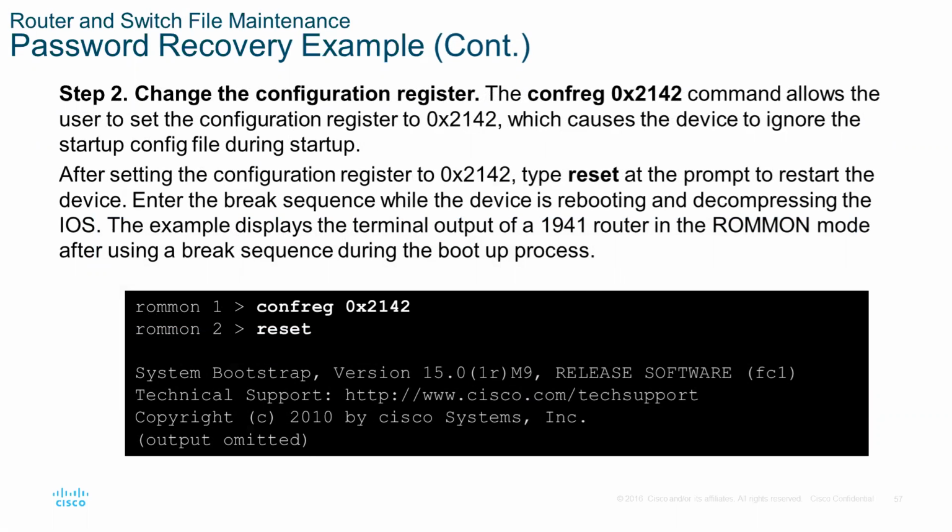So we need to change the config register, and we do that with confreg and then the hex value that we want to change it to. So 0x means the number is in hexadecimal, 2142, which tells the device to ignore the startup config file during the startup process.